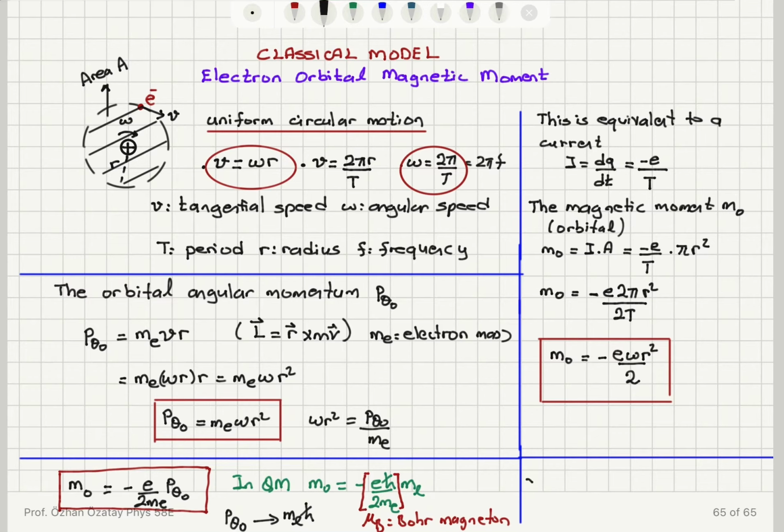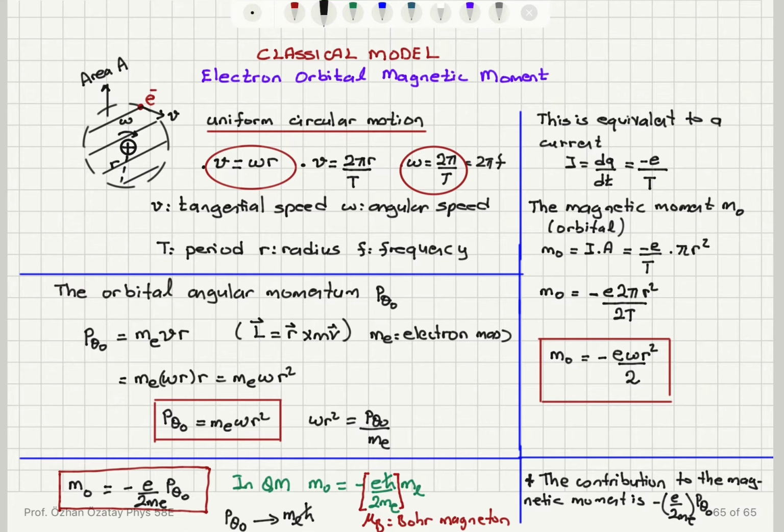So basically, the conclusion is that the contribution to the magnetic moment is minus E over 2 mass of the electron times the orbital angular momentum.